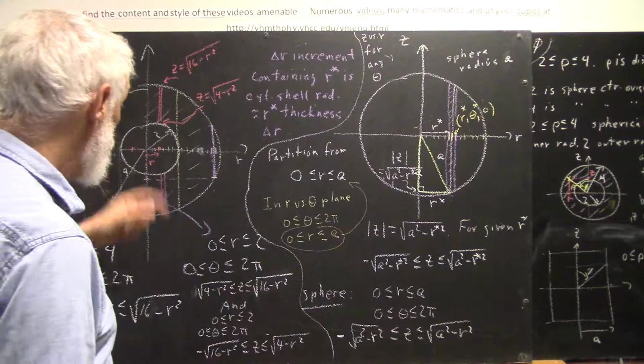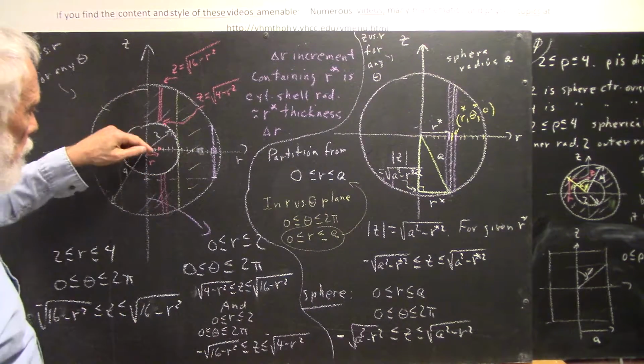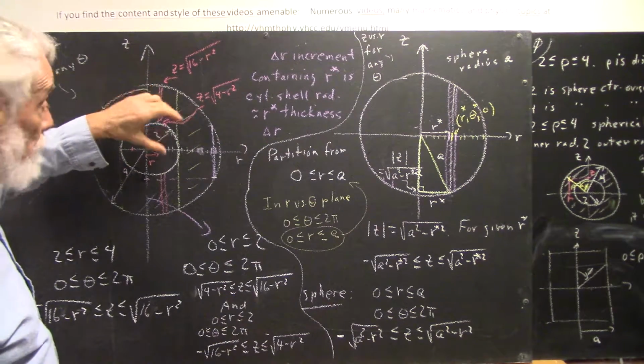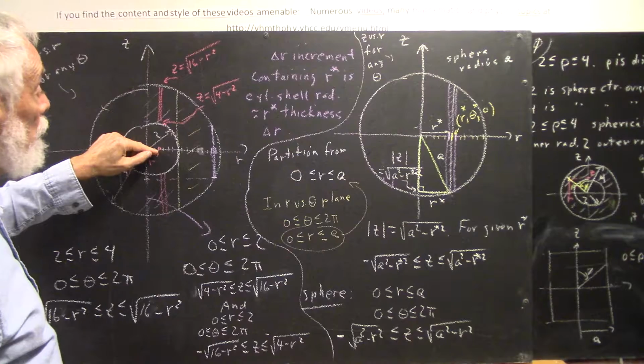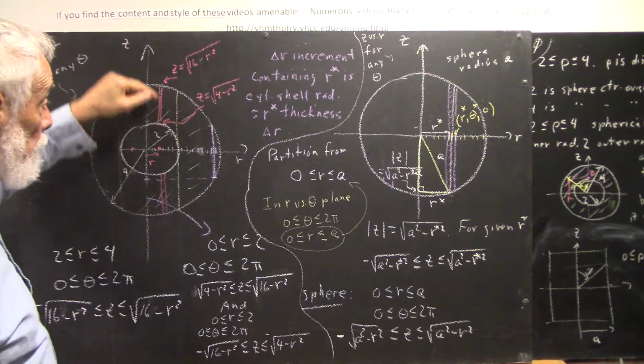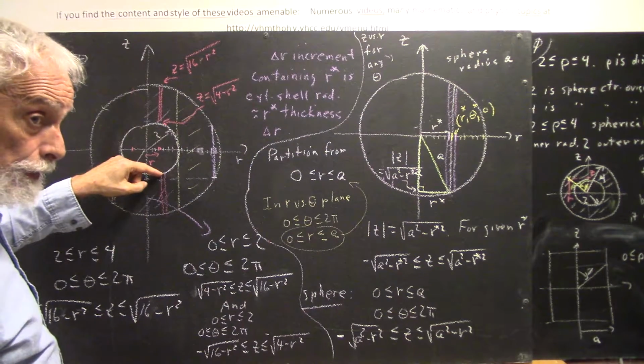But if r is less than 2, then we have the problem that we have to go a ways before we encounter our region, the spherical shell. This part is empty. There's no spherical shell here, so our z values start here and end here, and they also start down here and end here.